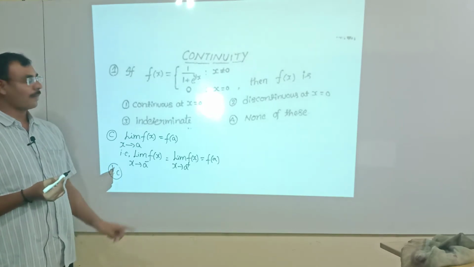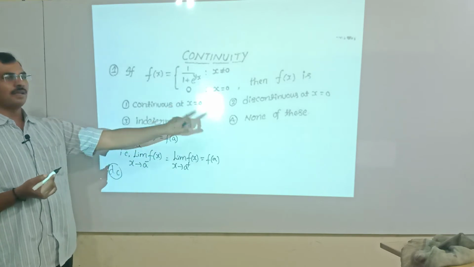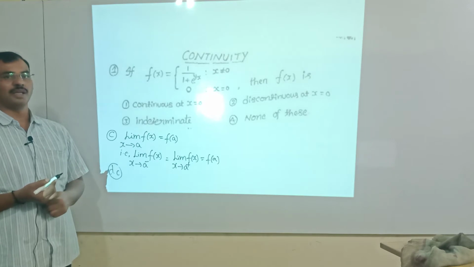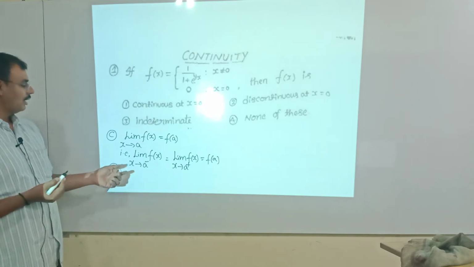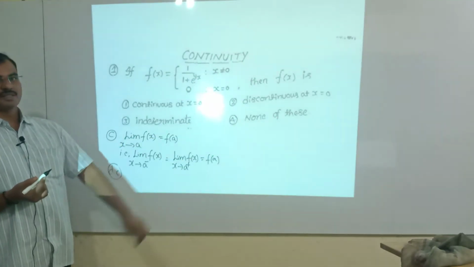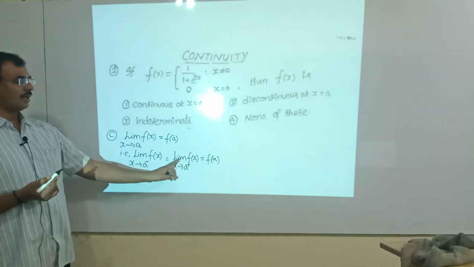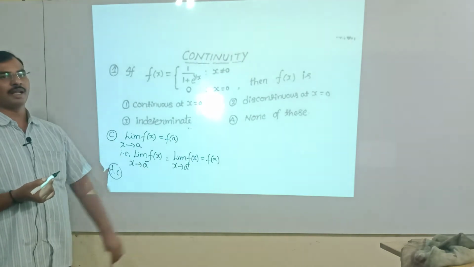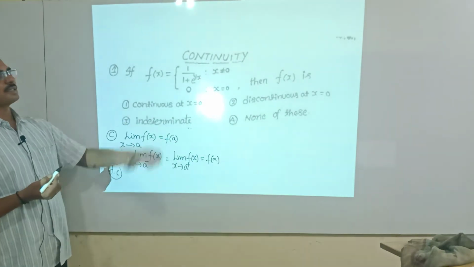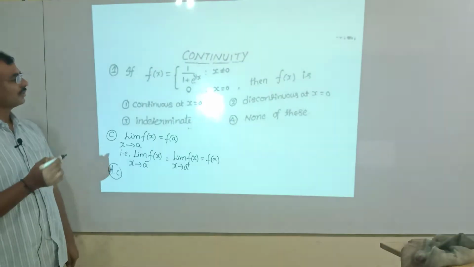In the same manner, if f of a is not defined, then it is discontinuous at x is equal to a. If at least one of them, the left hand limit or the right hand limit, does not exist, then also it is called discontinuous.